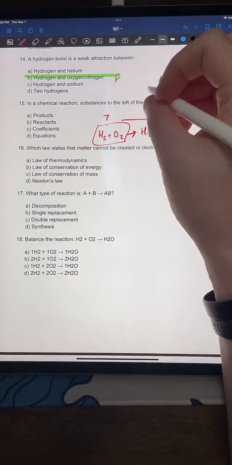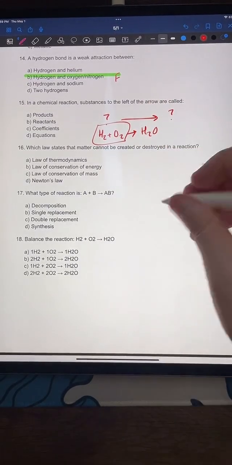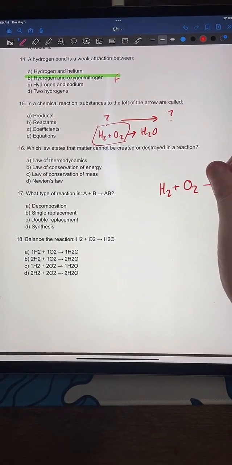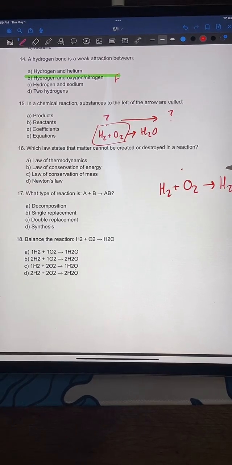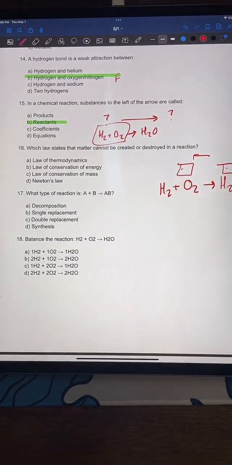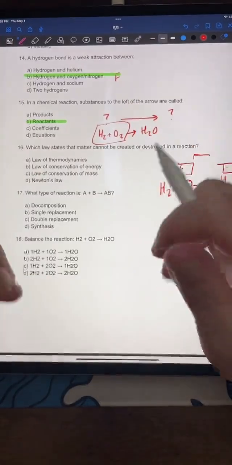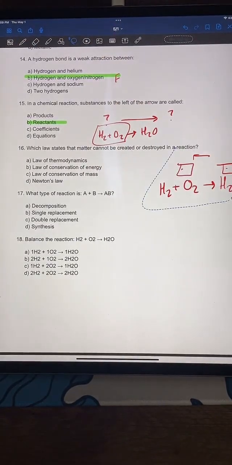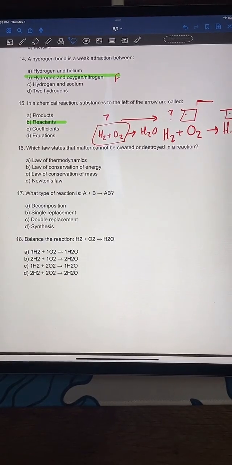So if H2 plus O2, here's the arrow, this creates this. So these are the reactants, and this is the product. So to the left of the arrow would be the reactants. This is what is going to react to create the product. All right.